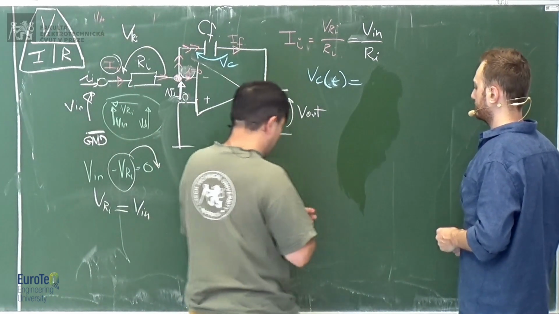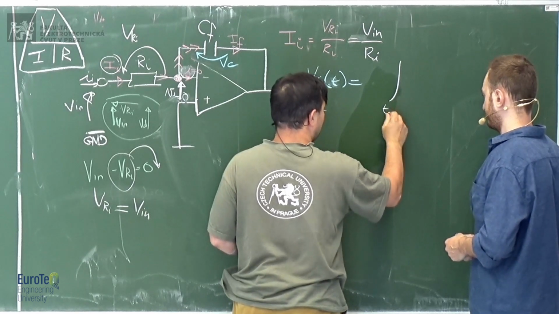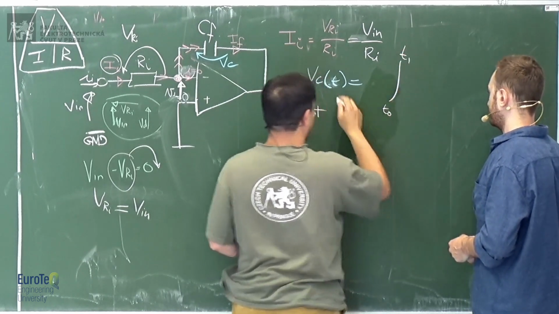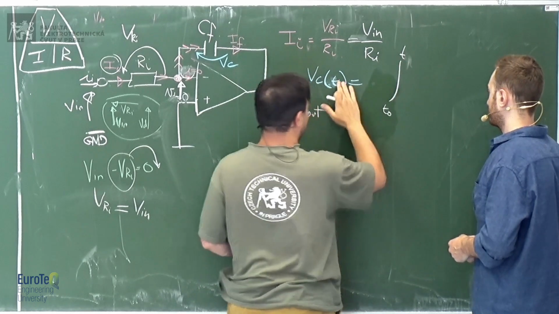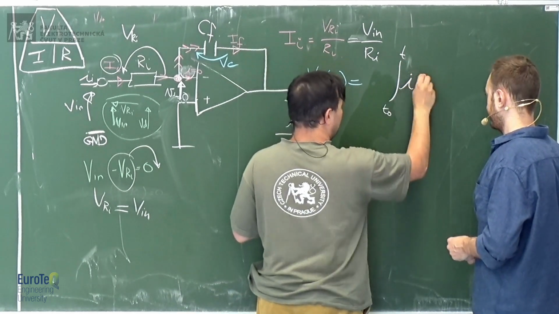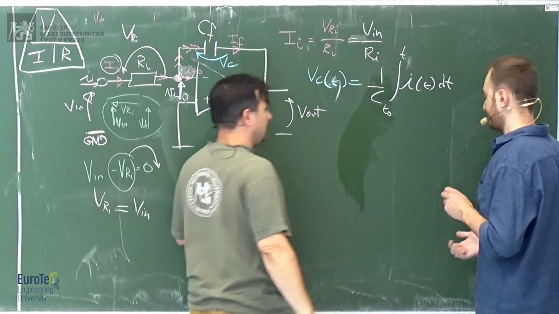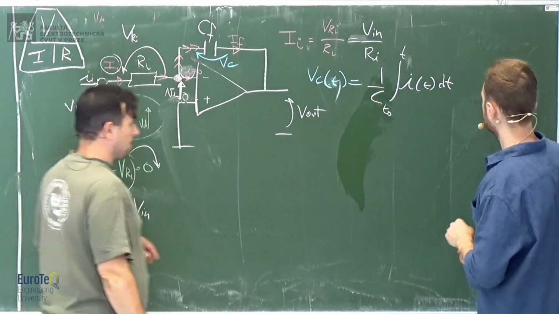So it will be the integral of the current from time 0 to time t, of the current dt.